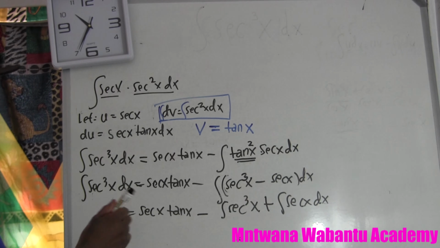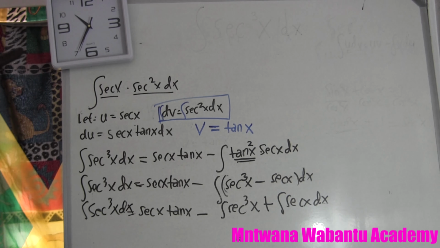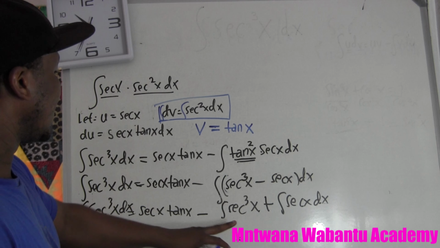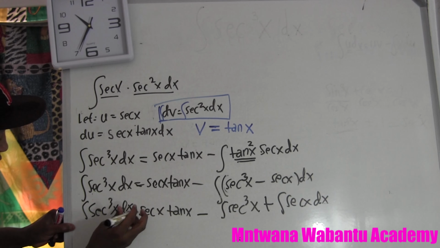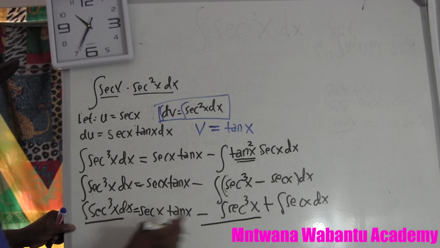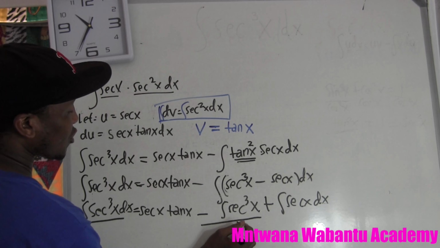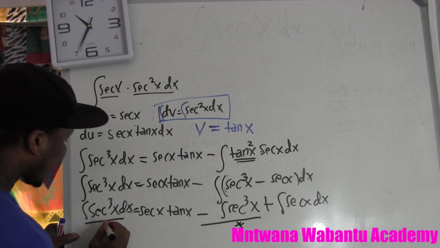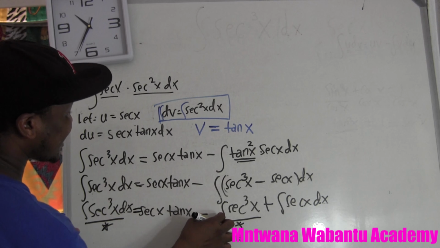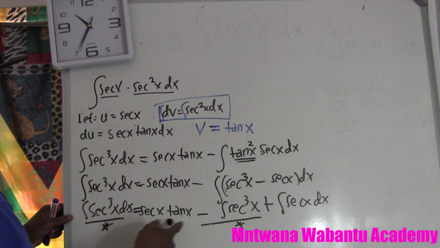Now here we have the integral of sec cubed x dx on both sides. I will just take this onto the left-hand side, because they are the same thing. Since it's negative, when it goes over the equal sign it becomes positive, so there are two of them.